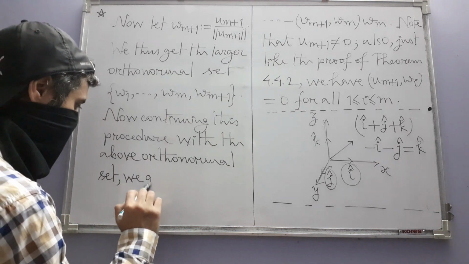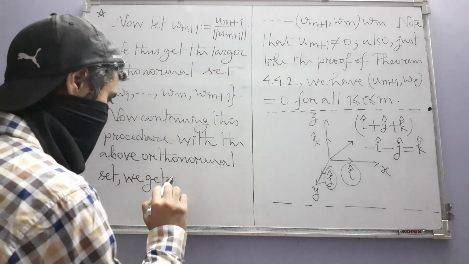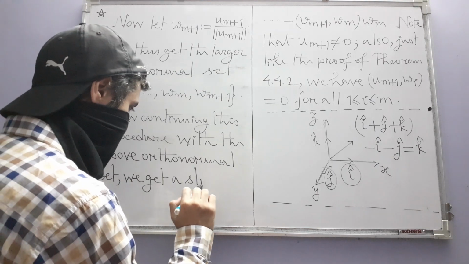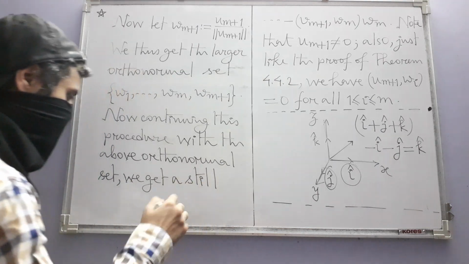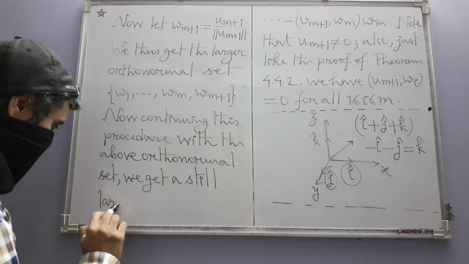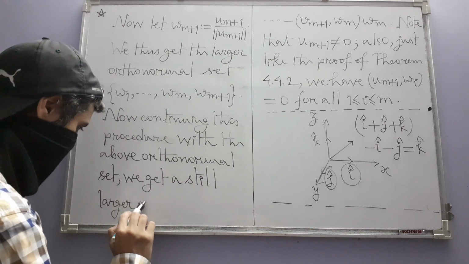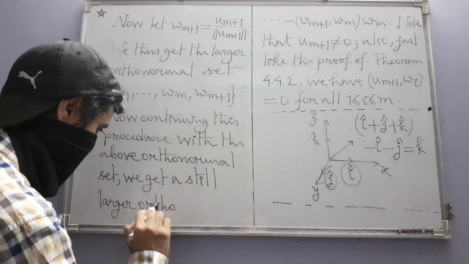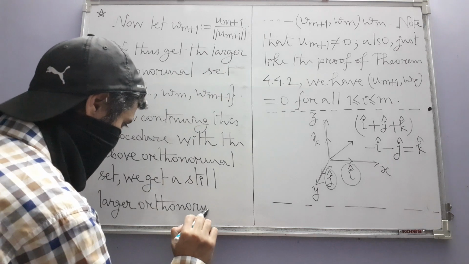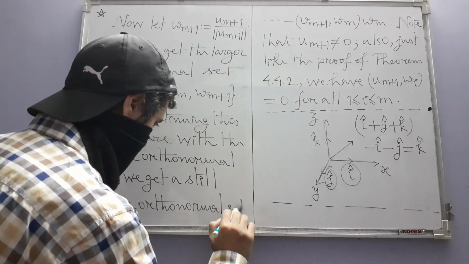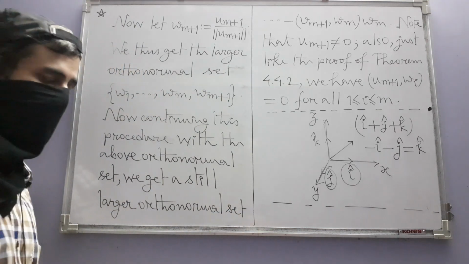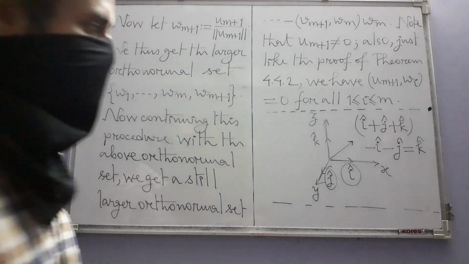We get a still even larger orthonormal set with yet another extra vector.